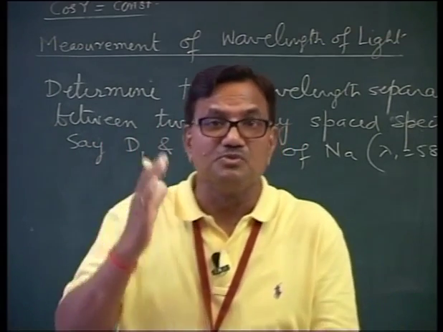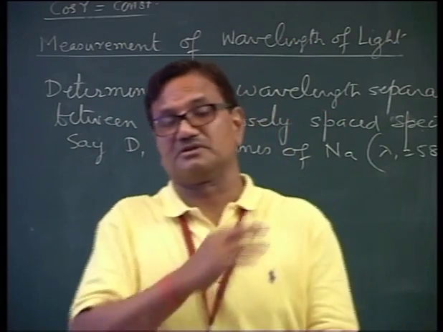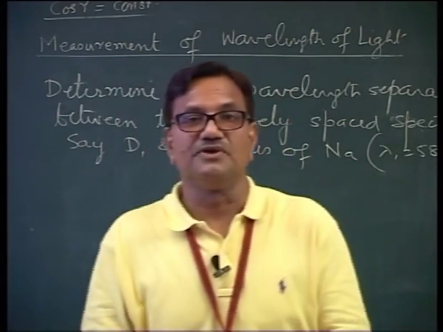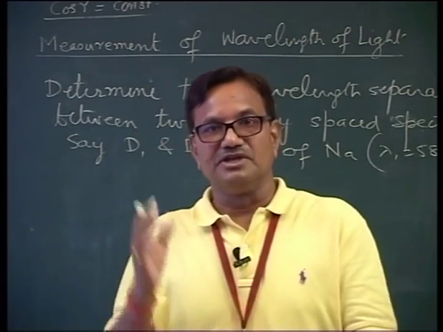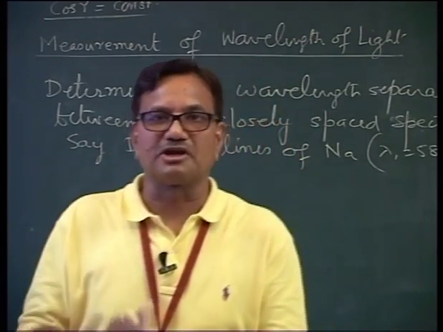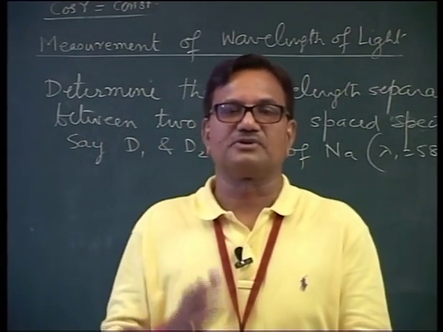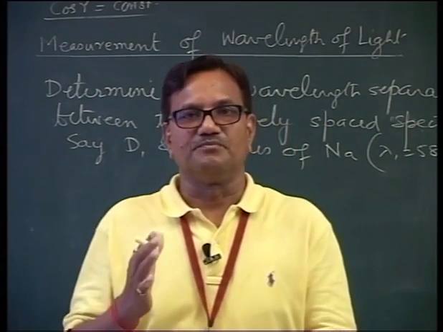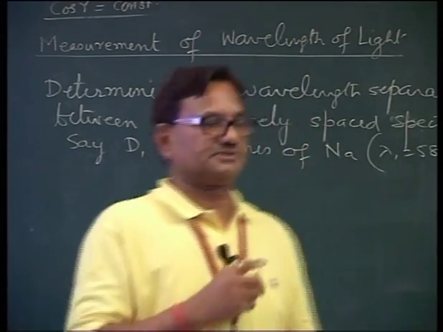We continue to move the mirror, and we will again get a situation in which we observe best contrast. We use the situation of these two best contrasts to find the separation between the closely spaced spectral wavelengths.